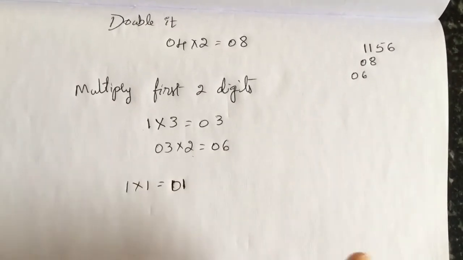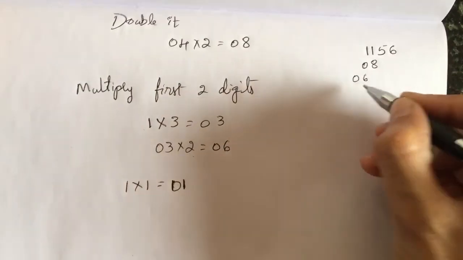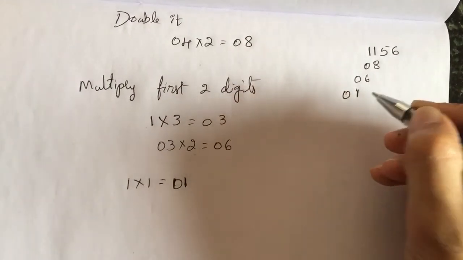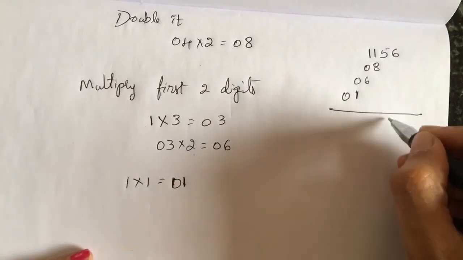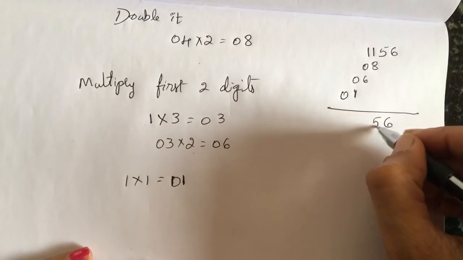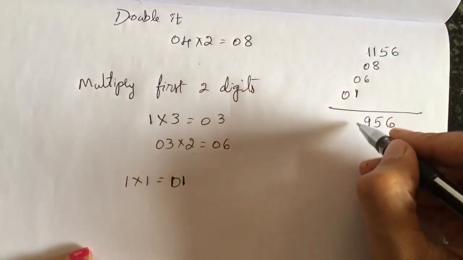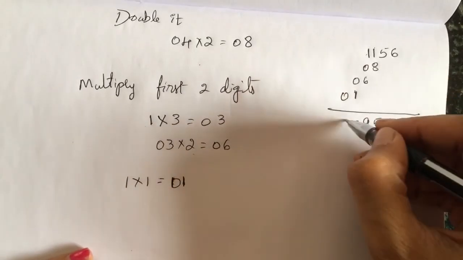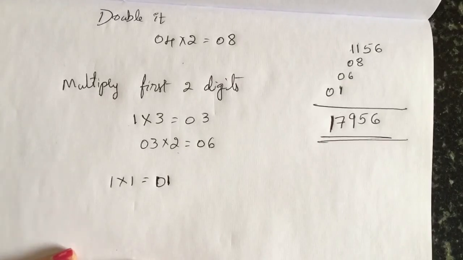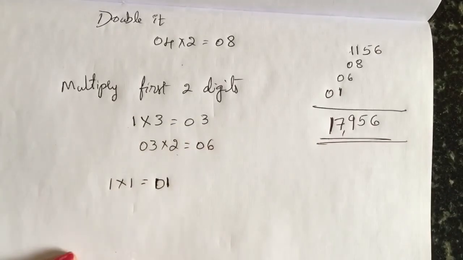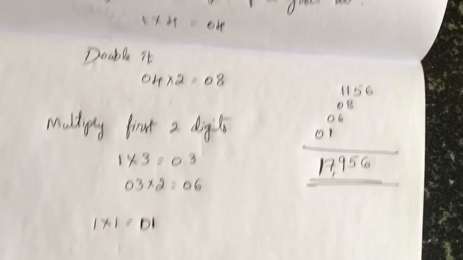In fact, don't go for doubling it, you just write it over here, so that the number will be 6, 5, 8 plus 1 is 9, then 6 plus 1 is 7, then 1. So this is the answer. 17,956 is the answer. You can cross check with the calculator.